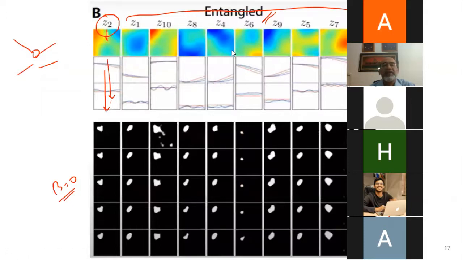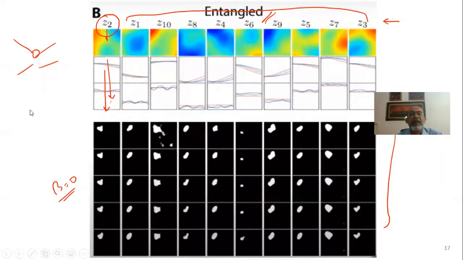So if you look at the entangled version, we've got 10 variables, and each one of them essentially corresponds to some neurons which are being used. So let's say you have Z1 to Z10 in the entangled version. So this is the disentangled version, and this is the entangled version.